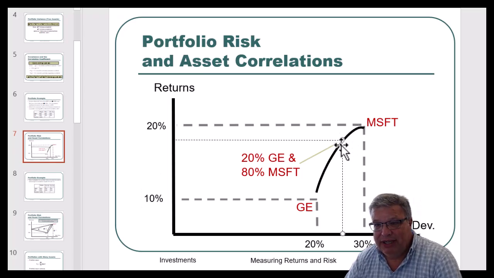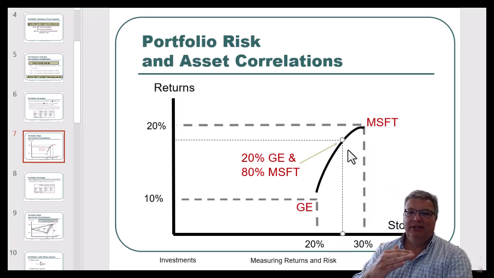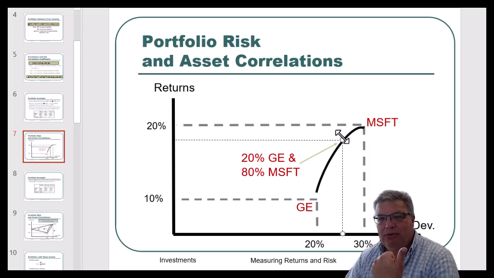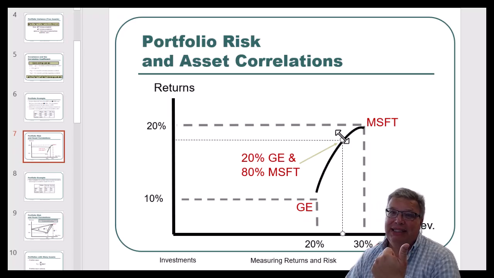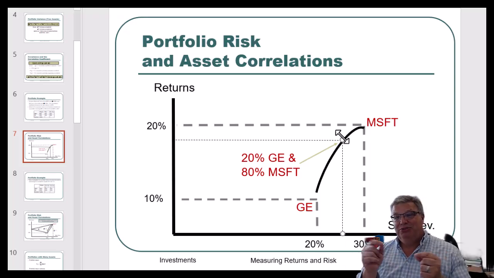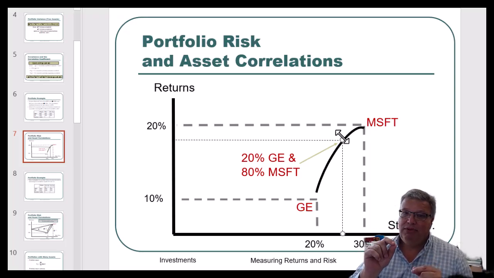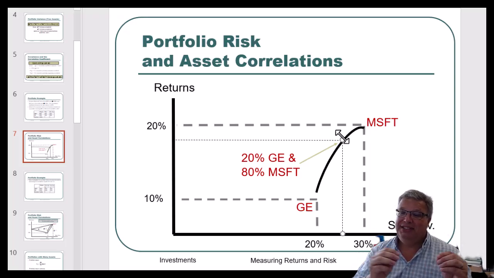When we plot it right here, it's actually a little to the left of a straight line between GE and Microsoft. And that's pretty important because what it's physically showing is that when you combine two stocks, the point on this chart is actually to the left.